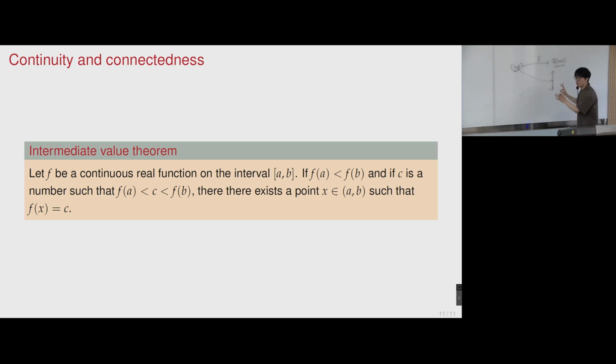If that doesn't work, meaning there's some value with no point here, then this space is not connected because there's a hole here. Due to the continuity property, this would have to be disconnected, which is impossible. So that's why the intermediate value theorem holds, using continuity and connectedness.